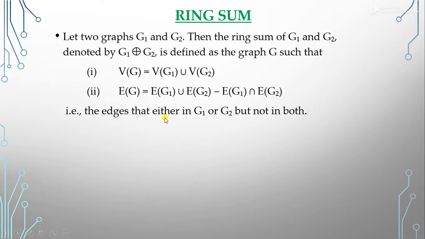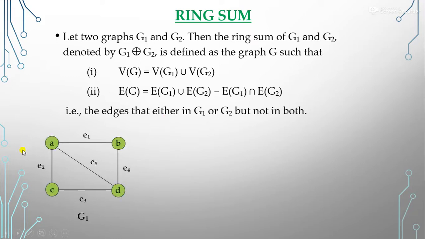Okay. So now suppose this is the G1 graph, in which we have four vertices A, B, C, D, and five edges E1, E2, E3, E4, E5. And in the G2 graph we have four vertices A, B, D, E, and four edges E1, E5, E6, E7.